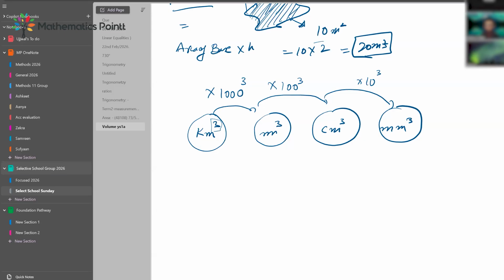Now, if I'm going from lower to higher, I'm using the same values, but this time I'm dividing.